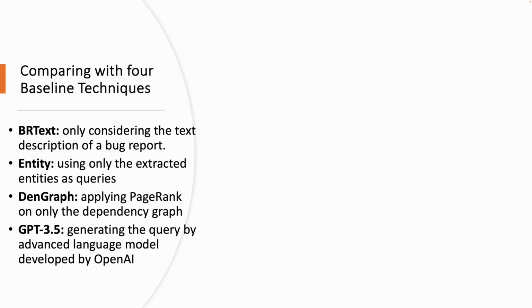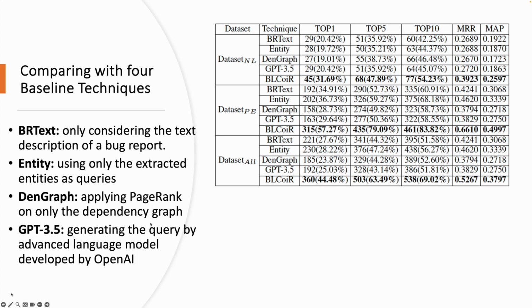By applying the PageRank algorithm on only the dependency graph instead of the knowledge graph, we have the baseline query dependency graph. The baseline GPT is the query generated by ChatGPT. We give ChatGPT a bug report and ask it to generate a search query for information retrieval based fault localization. Our approach here is called BLCollier.